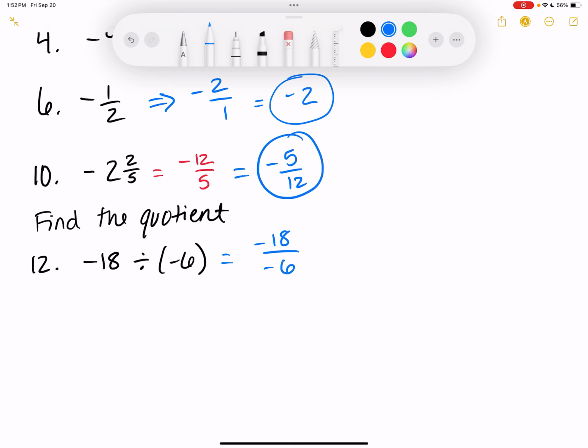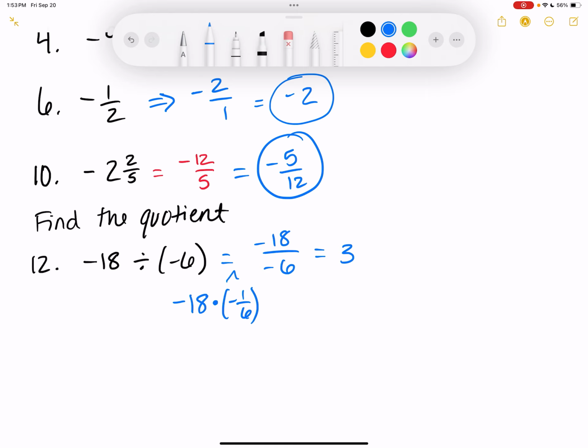Positive 3. The negative signs go away because they're both the same. If you want to write it as a multiplicative inverse, then we would write it as negative 18 times negative 1 over 6, and then you could keep going from there. So it's up to you how you want to do it. But I usually will just go to here and then reduce if necessary.